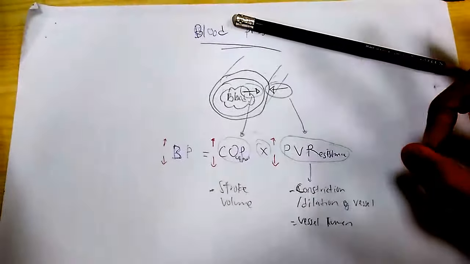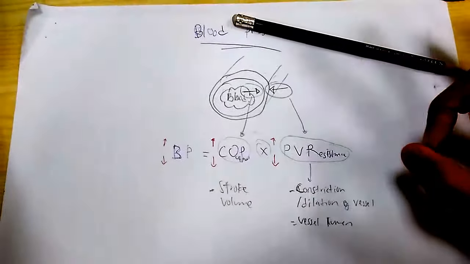So if the vessel lumen is big, it will decrease the blood pressure, and if the vessel lumen is small, it will increase the blood pressure. Constricted, it will increase. Dilated, it will decrease. This is the blood vessels, okay?